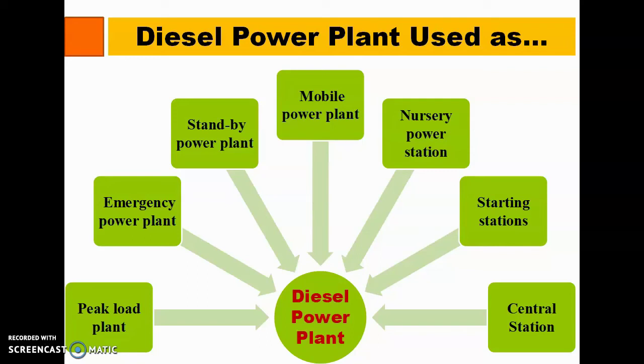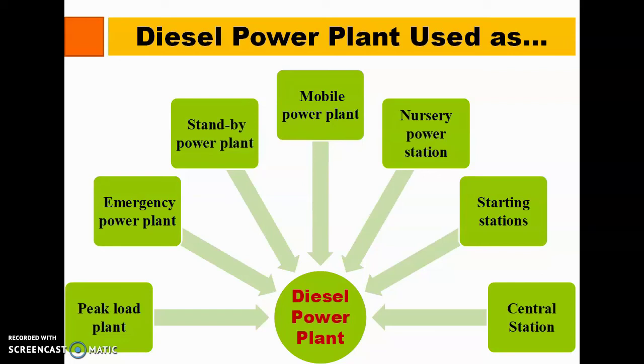So the diesel power plant can be used as a peak load plant, where it can be used in combination with a hydropower plant and thermal power plant, where the peak demand is there. Then it can be used as an emergency plant.